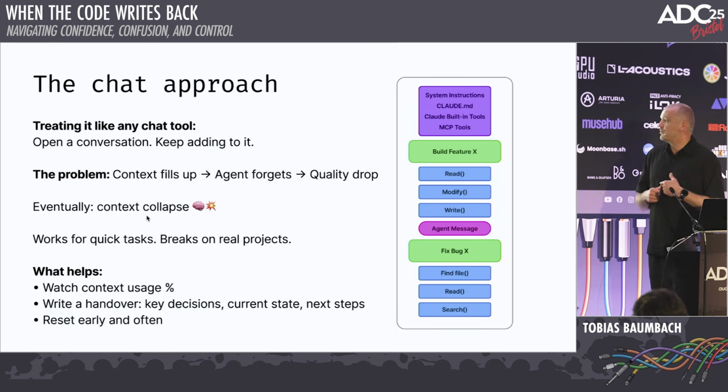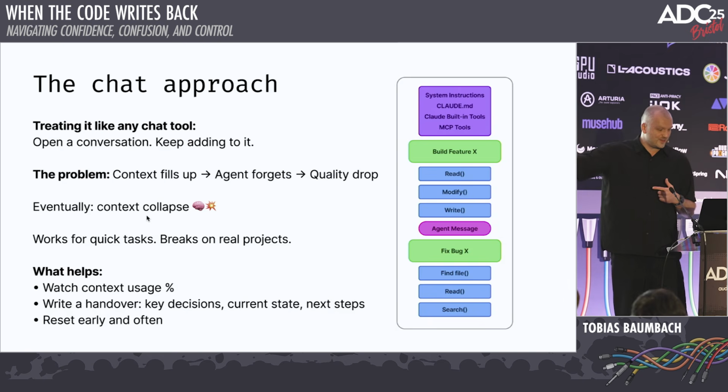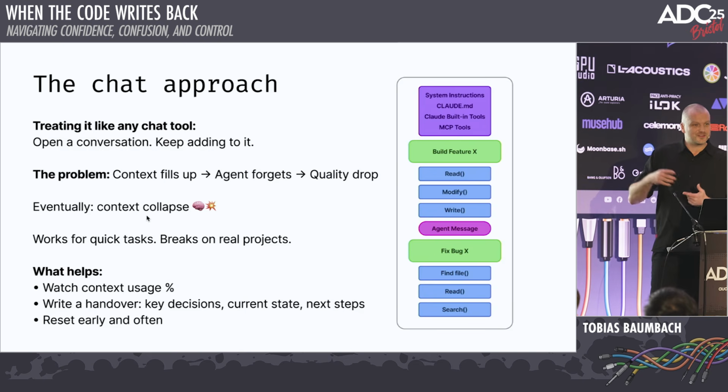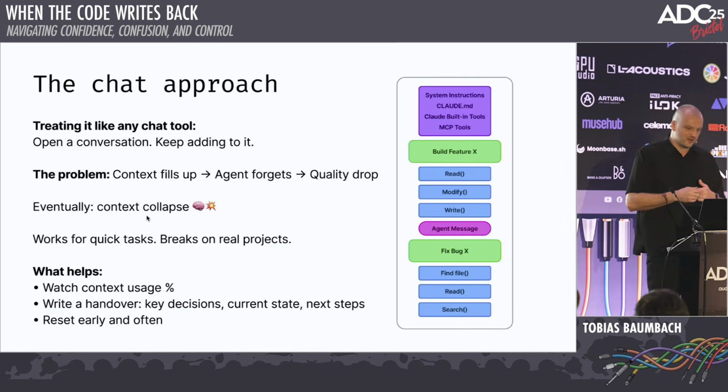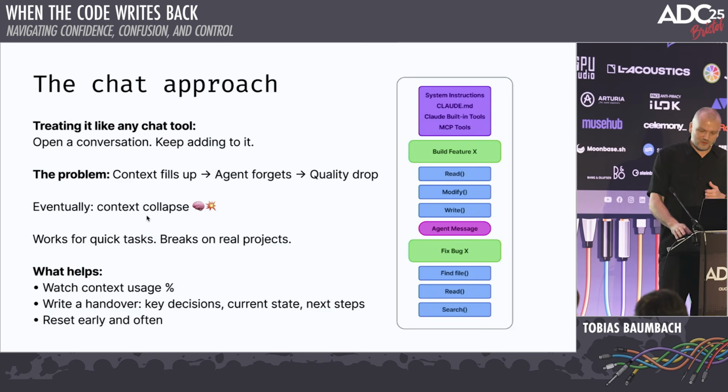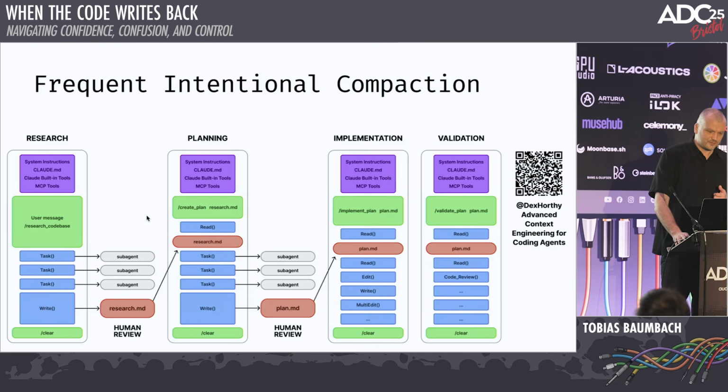So you should reset early and reset often. And to be honest, that also helped me to use Claude and ChatGPT better, because I was totally messing up my context when my conversations got too long. So that can be also helpful in that type of scenario.